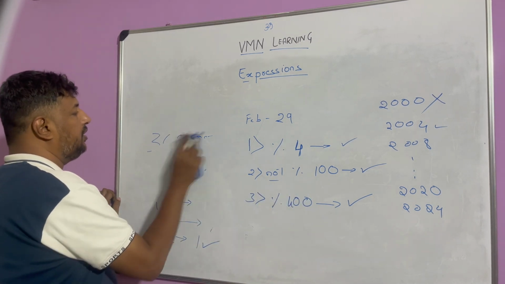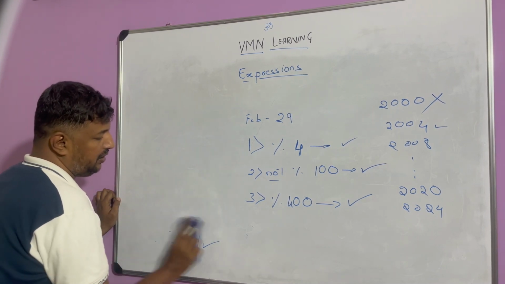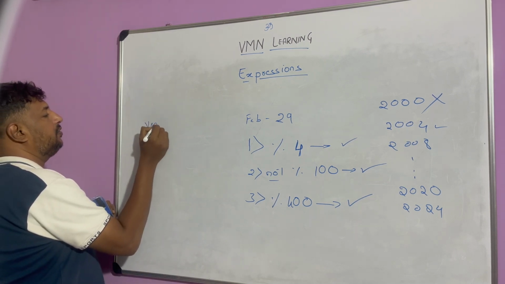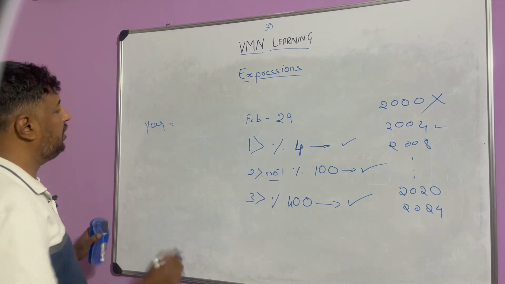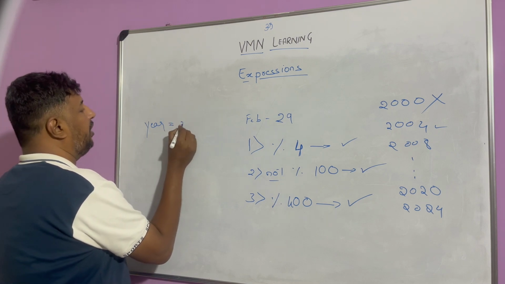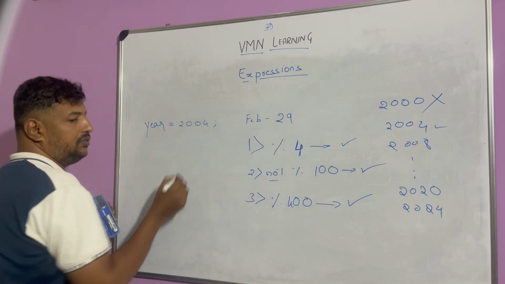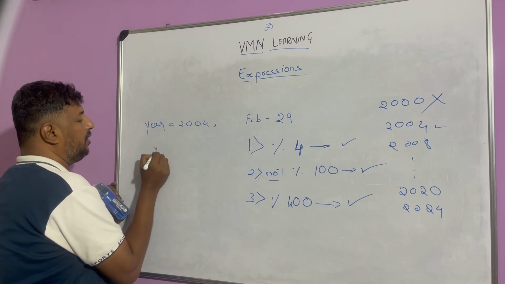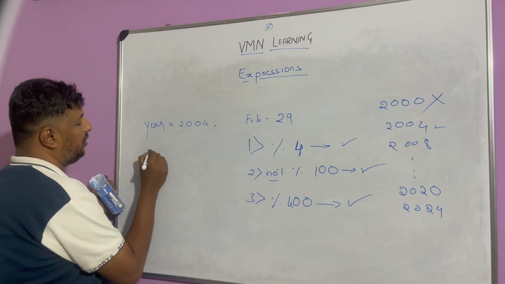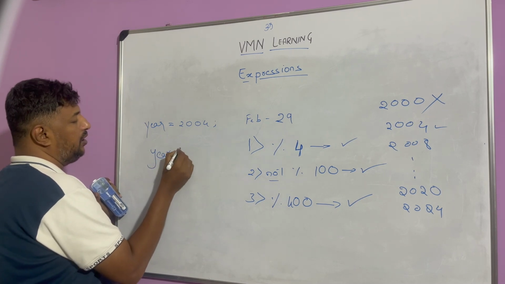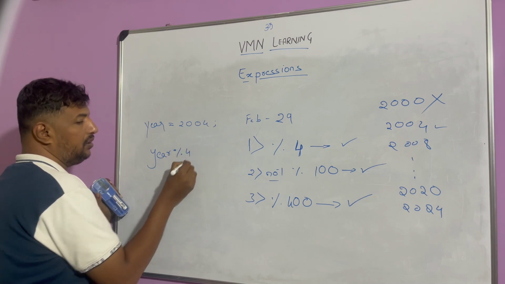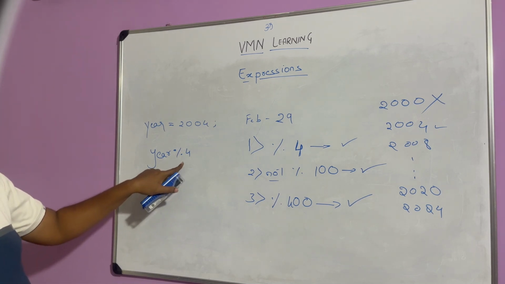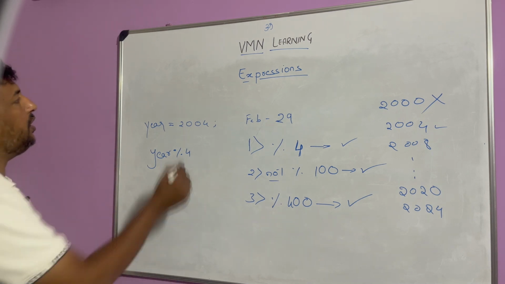So we have 3 rules, right? Let's take a year field. Let it be any field, with the value 2004. The first condition is year modulo 4. What is modulo?